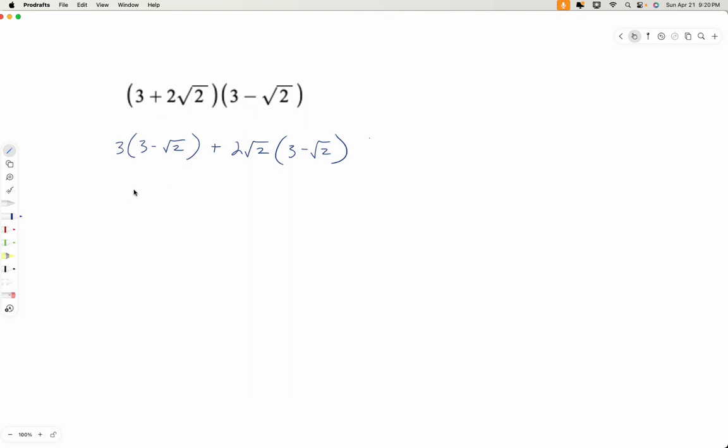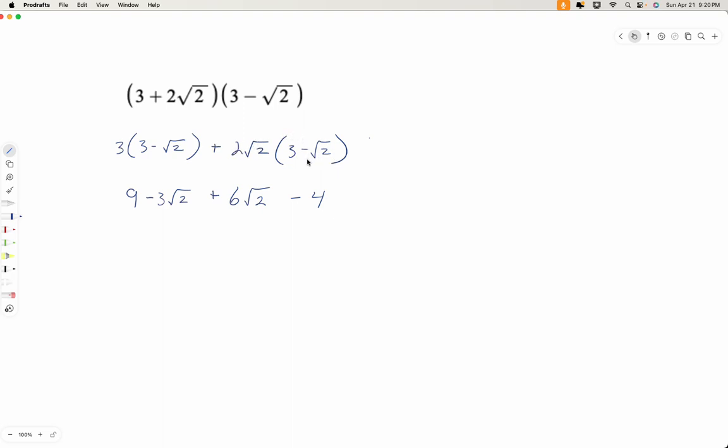So 3 times 3 is 9, and 3 times the negative square root of 2 is a negative 3 times the square root of 2, plus 2 times the square root of 2 times 3 is 6 times the square root of 2, and then 2 times the square root of 2 times the negative square root of 2 is a negative 4, because positive square root of 2 times the negative square root of 2 is a negative 2.